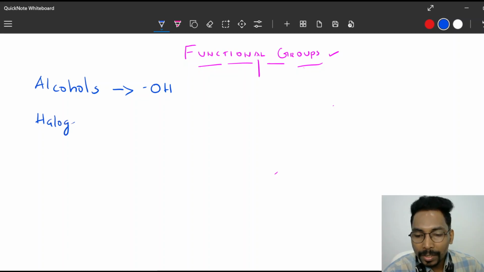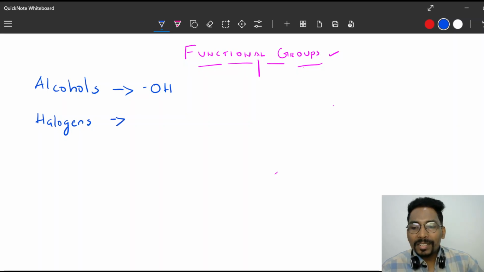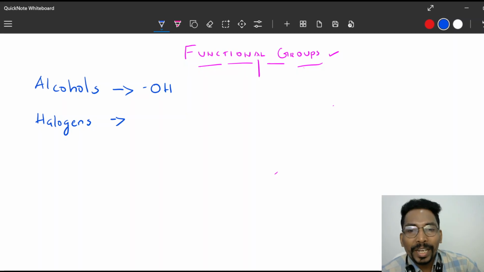halogens. Just now we discussed chlorine. Actually, halogens is the name of a particular group in the periodic table. I hope you know that. Group 17. In the periodic table there are 18 groups and 7 periods. Group 18 elements are called noble gases and group 17 elements are called halogens.